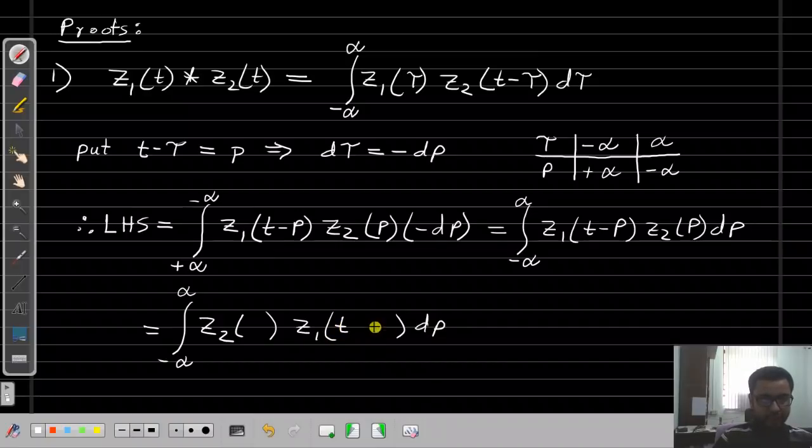So here t minus p and here p, but I can also write in place of p any arbitrary dummy variable, say tau, because after integration tau will vanish, so I can do this, and this is nothing but z2 star z1 by definition. Okay, so that means z1 star z2 is the same as z2 star z1, and the proof is so simple.